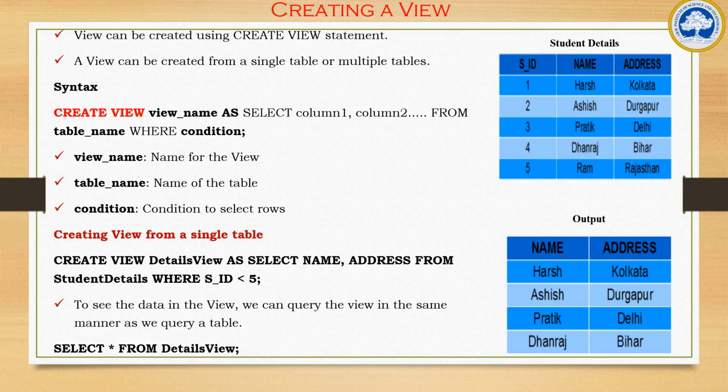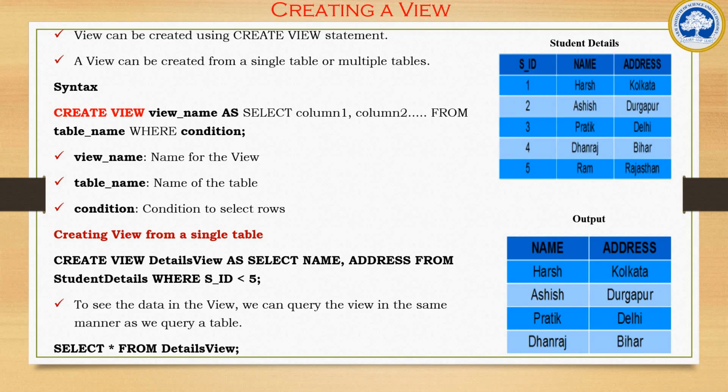The first thing: how to create a view. This is the syntax, similar to creating a table. CREATE VIEW is the keyword, and you mention the view name after this keyword, and then the columns you are selecting from the original table.